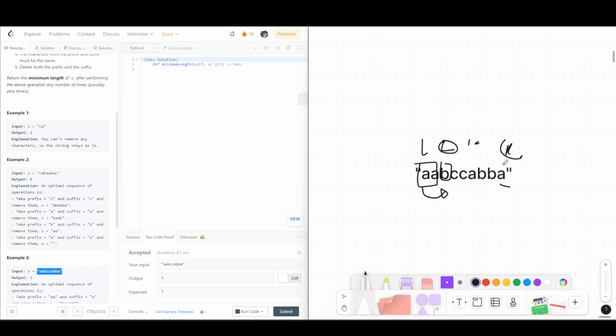So I think the challenge in this question is just to figure out how to move R if you have L that's not the same as the R.